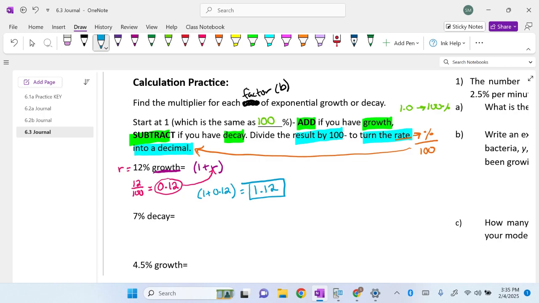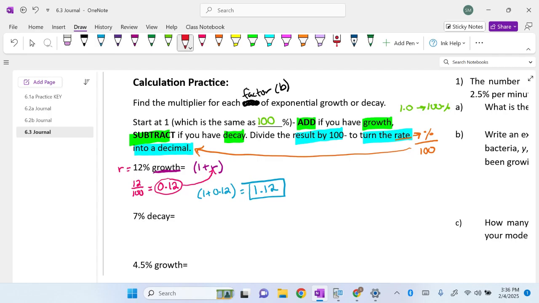So if you think about it, if you're growing, that means that you have the full amount that you started with and you're building up on it. So we have to have that 100% because we have 100% of the initial amount, and then every so often, depending on the timing, we increase by 12%. So we're adding on 12%, but we have to have that one there because we have to include the 100% of the initial amount that we started with.